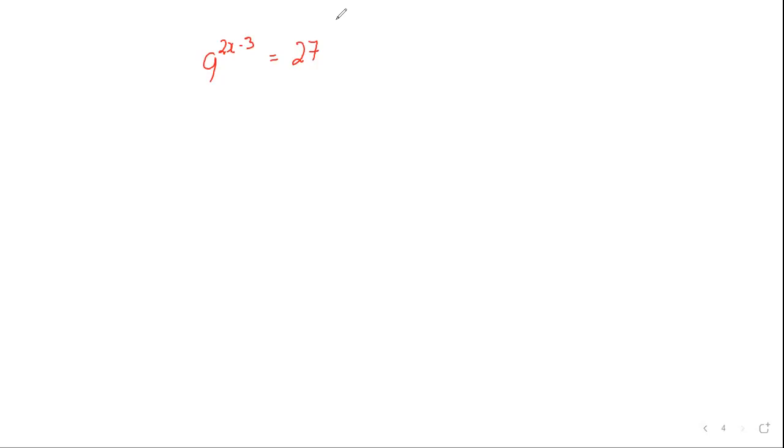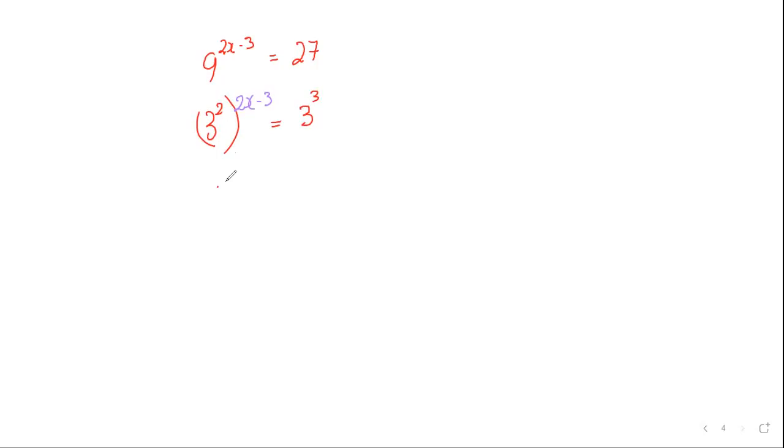So that can be given as 3 squared to the exponent of 2x minus 3, which is equal to 3 to the power of 3.